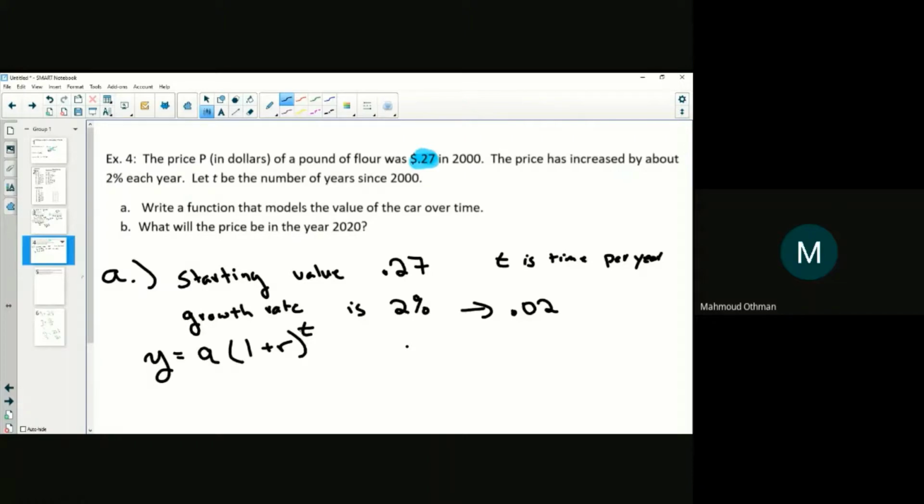And the thing is, this 1 represents the starting value, because you need that starting value plus the rate it's going to increase each time. Because if you don't include it, you're just going to be multiplying 27 cents times 0.02, and that's going to imply that the price is going down, when in fact the price of flour is actually going up.